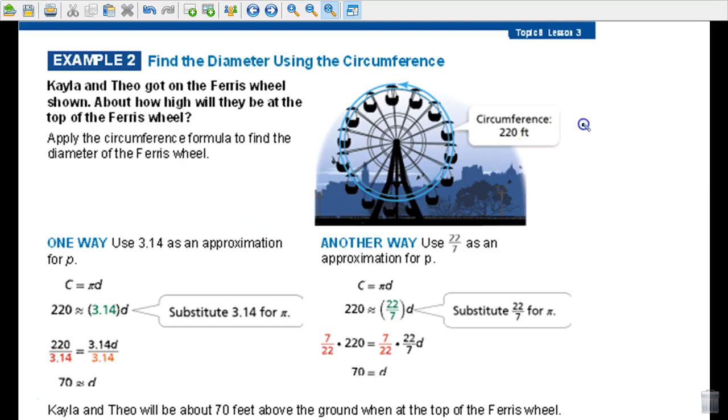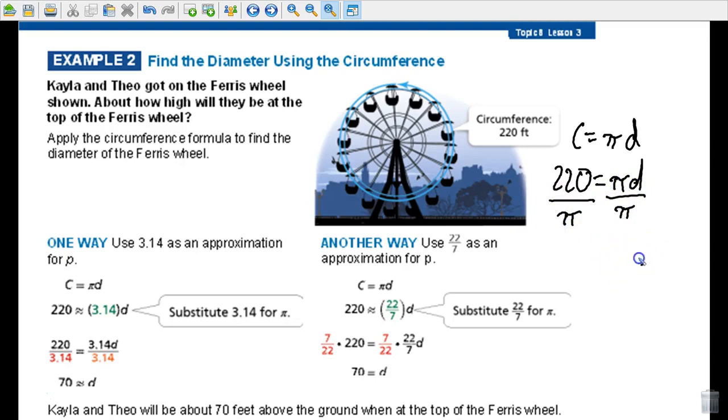So we have C equals pi d. Okay? We have the circumference, we do not have the diameter. So I'm just plugging in 220 equals pi d. So how do we find this out? We divide this by pi, and now we're solving for d.